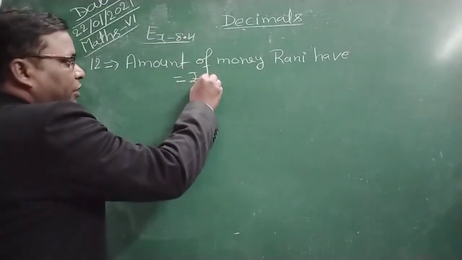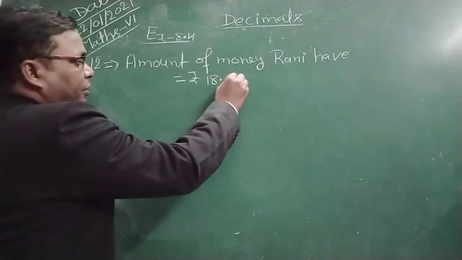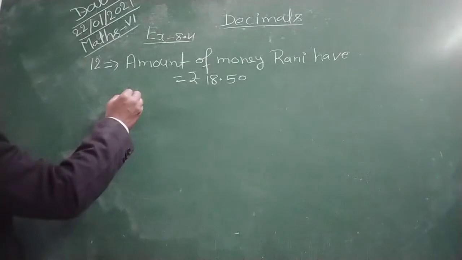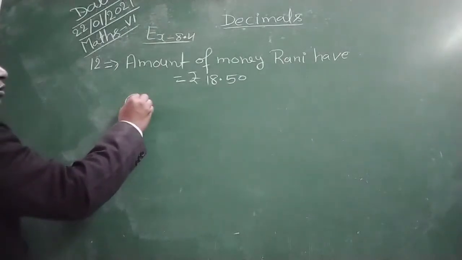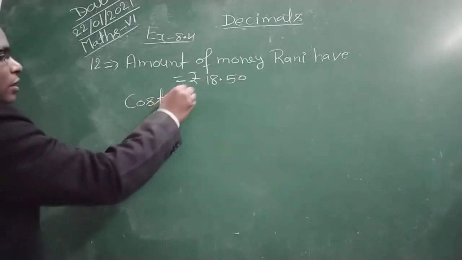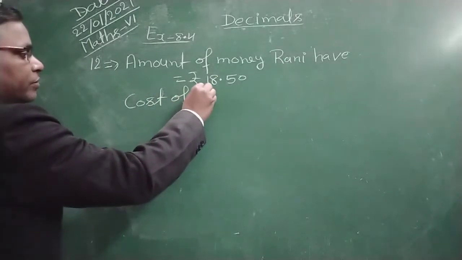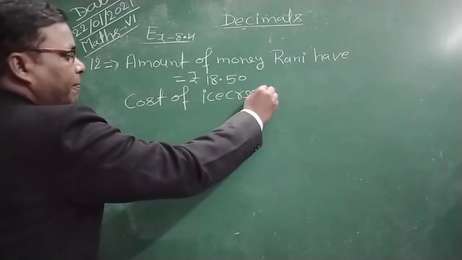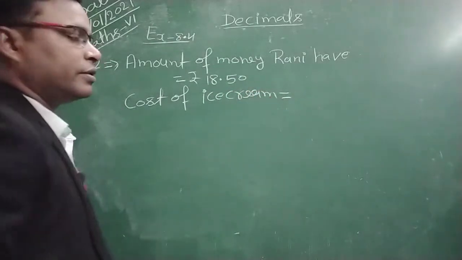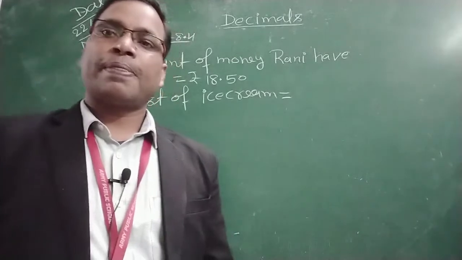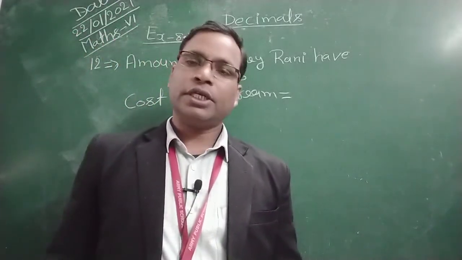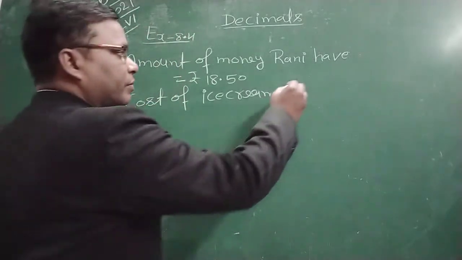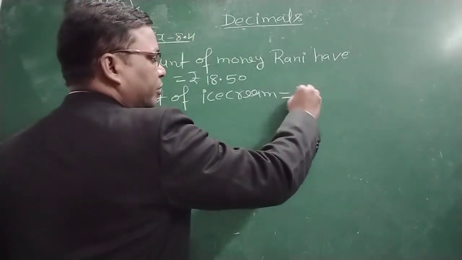Rupees 18.50. And the cost of one ice cream. Cost of ice cream is equal to what? This is given, 11.75 rupees.